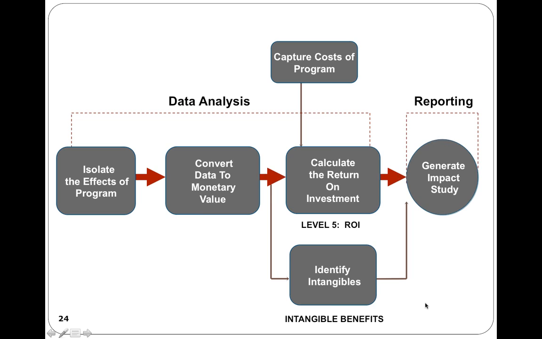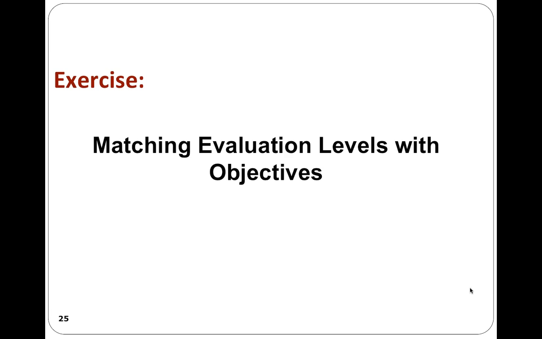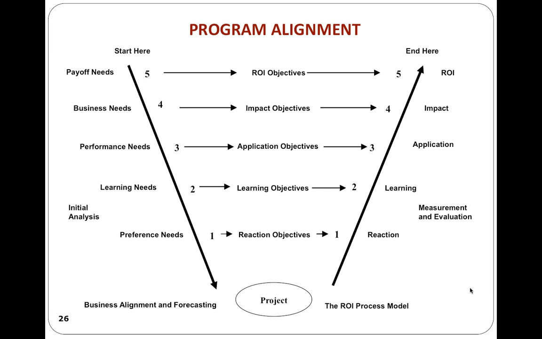Now, I want to go a couple more blocks here and remind us where this comes from to start with. That is the business alignment. So let's go another slide, and it comes from here. You can see in this slide, we start at the left side and go all the way through to our project, and then we evaluate through, and you see end here.